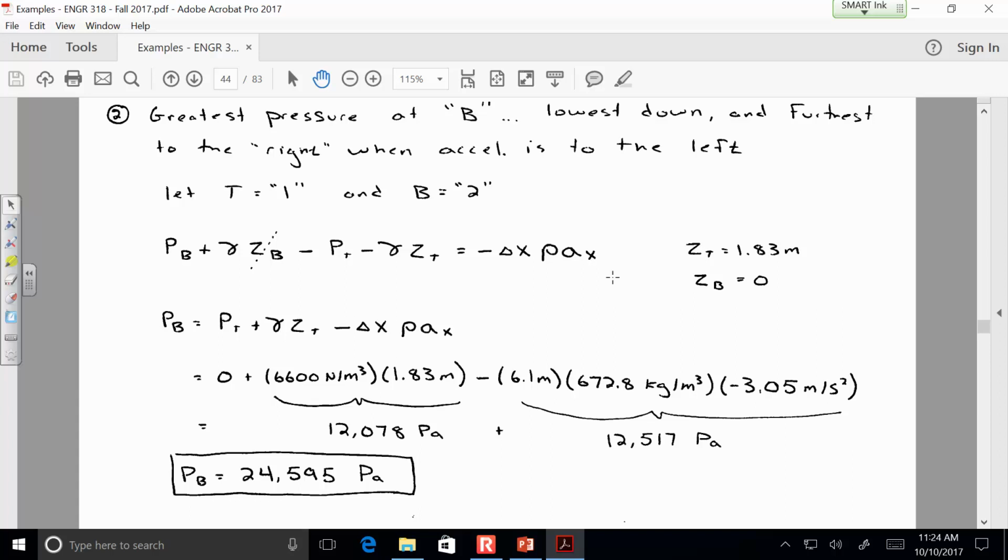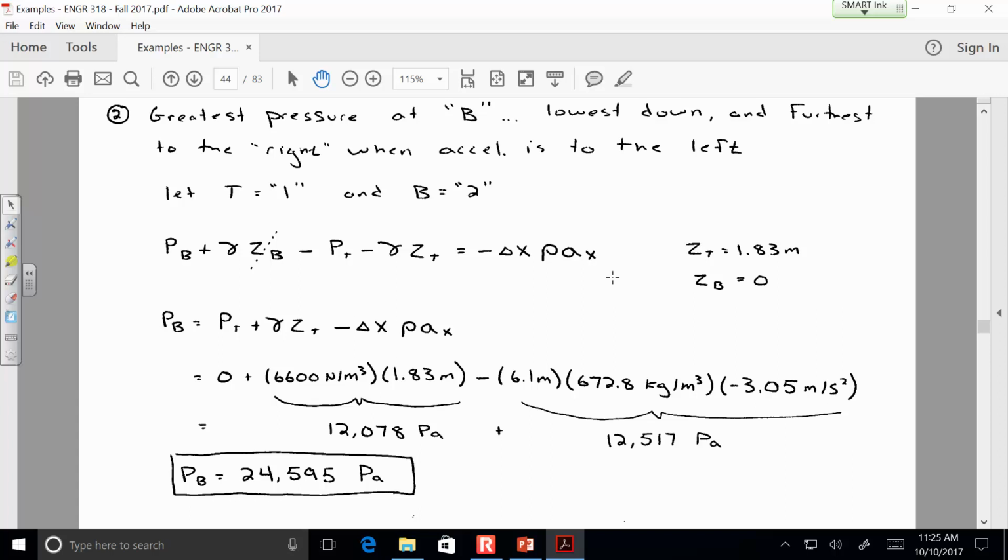So that's where we have the unit weight multiplied by some elevation difference. 1.83 was the elevation difference, right? And then the second component was minus, but then our acceleration is negative, so it's going to be a combined increase in pressure due to the horizontal acceleration.